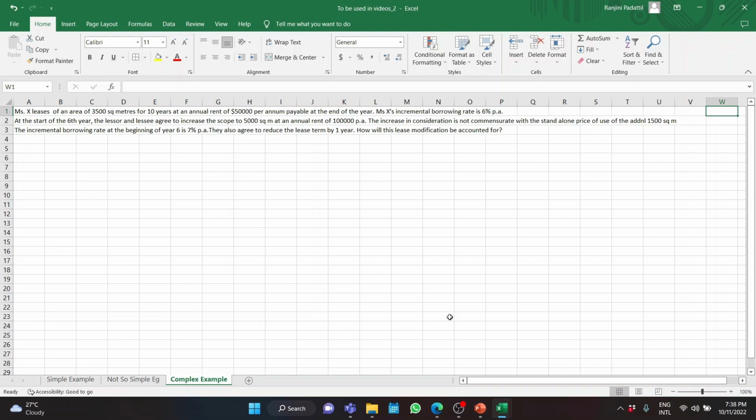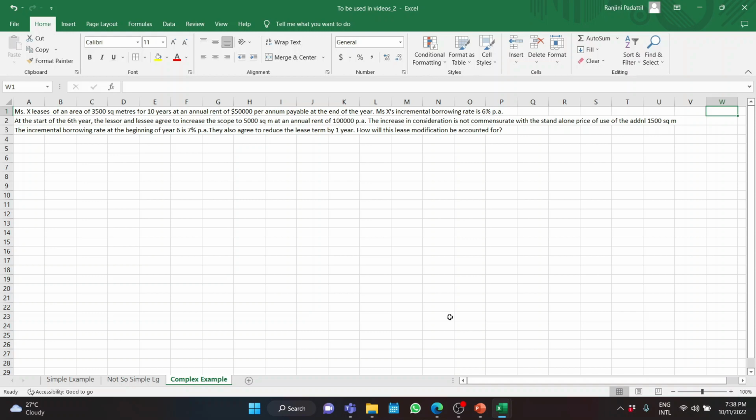The increase in consideration is not commensurate with the standalone price of the use of additional 1,500 square meters. The incremental borrowing rate at the beginning of year 6 is 7% per annum. They also agree to reduce the lease term by 1 year. How will this lease modification be accounted for?